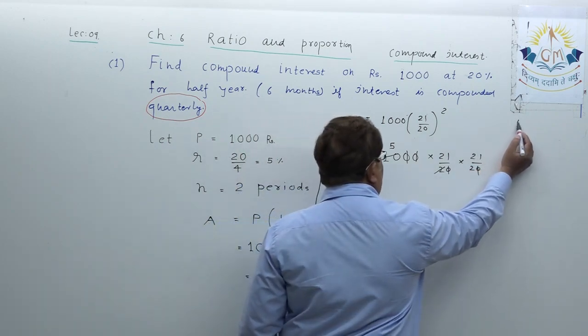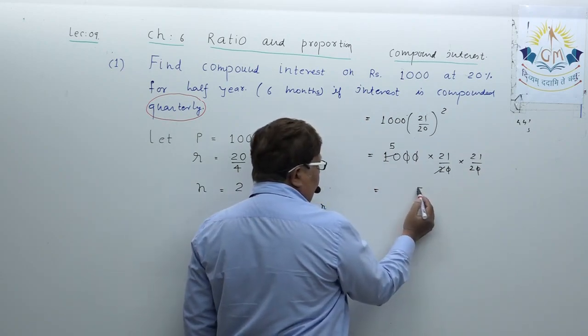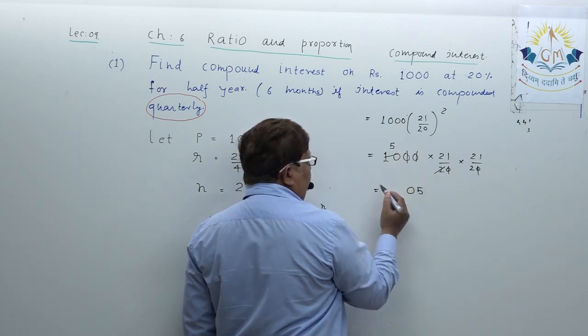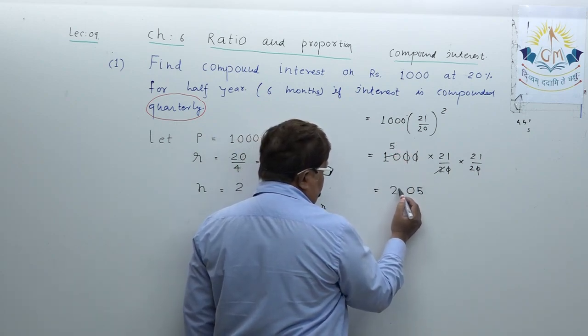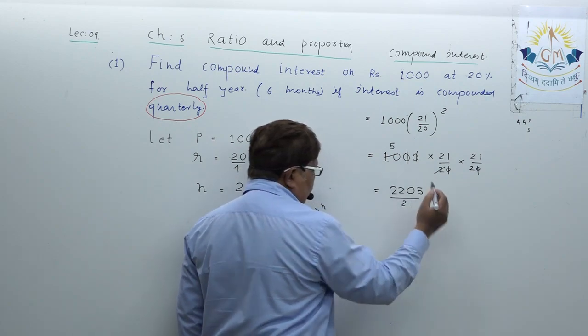Okay. 441 into 5. 5 1s are 5. 5 4s are 20. 2 carry. 5 4s are 20 plus 2, 22 upon 2, dear student.